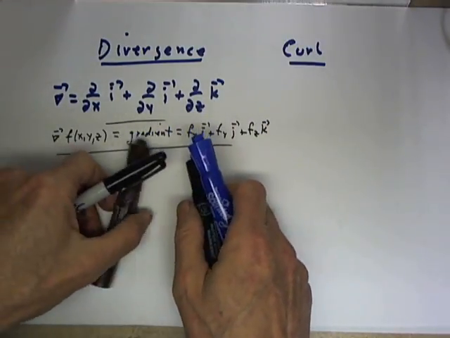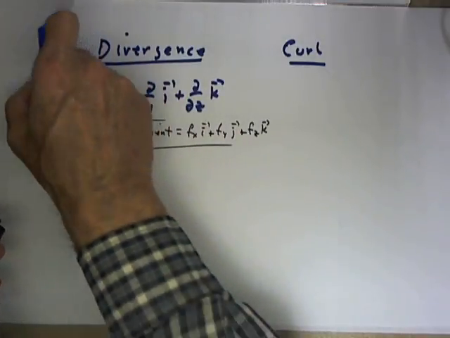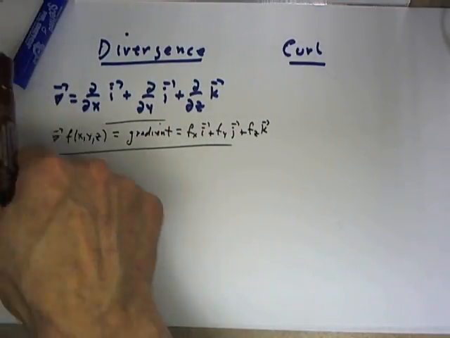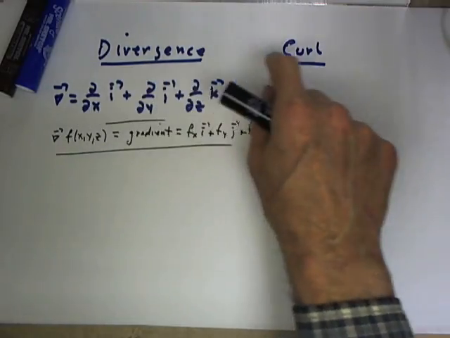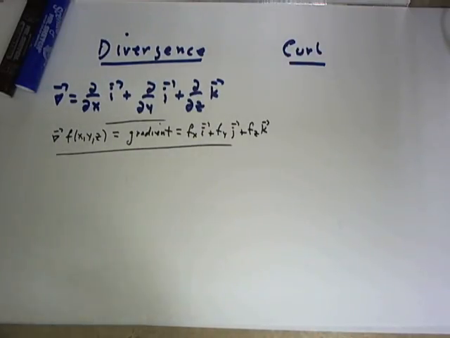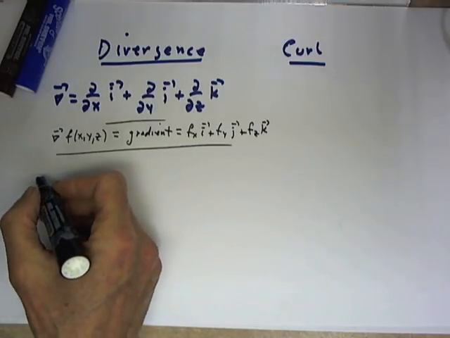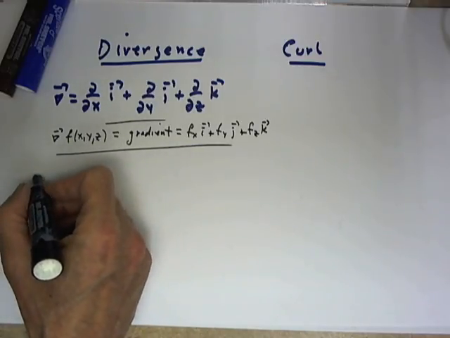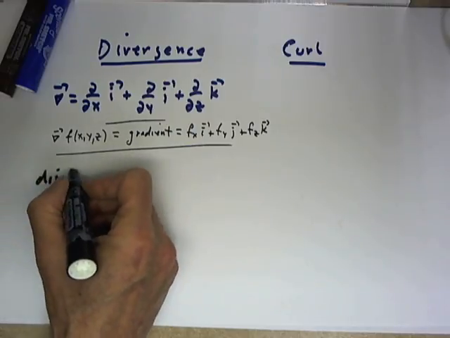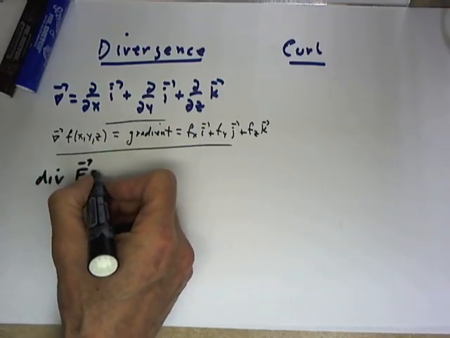In three-dimensional space, however, we do have scalar, dot product and cross product, and the divergence and the curl are going to be simply related to the dot product and cross product.